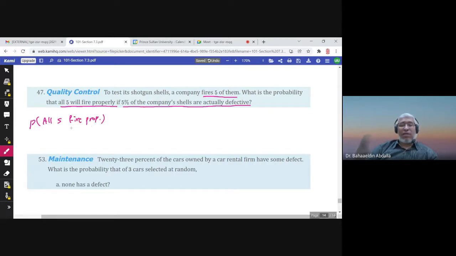This means the probability that the first one fires properly and the second one and the third one, and firing properly or not is independent from one shot to the next. They are independent of each other each time, so you can multiply the 5 together. The probability that the first fires properly is 0.95 times 0.95 times 0.95. How many times? 5 times.